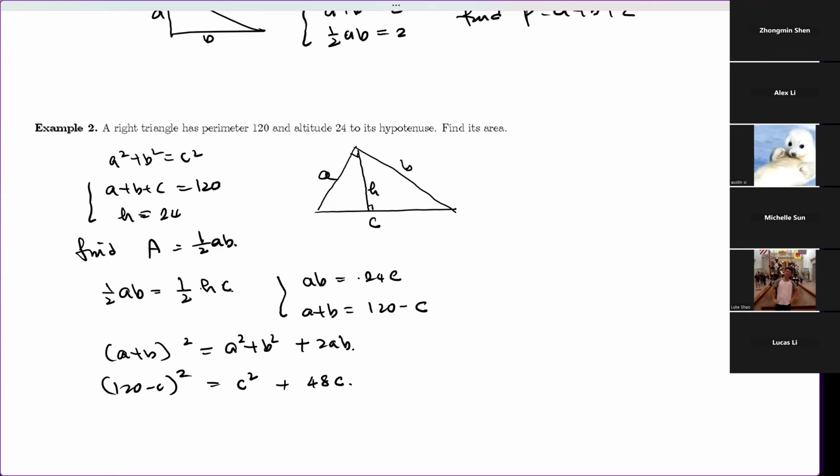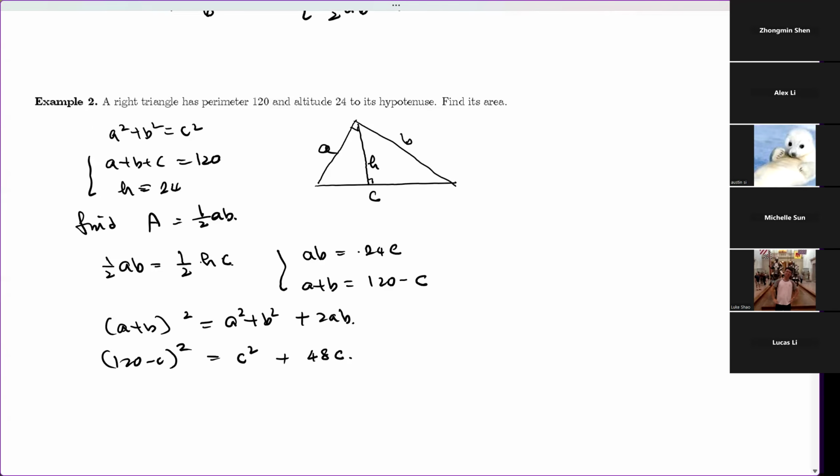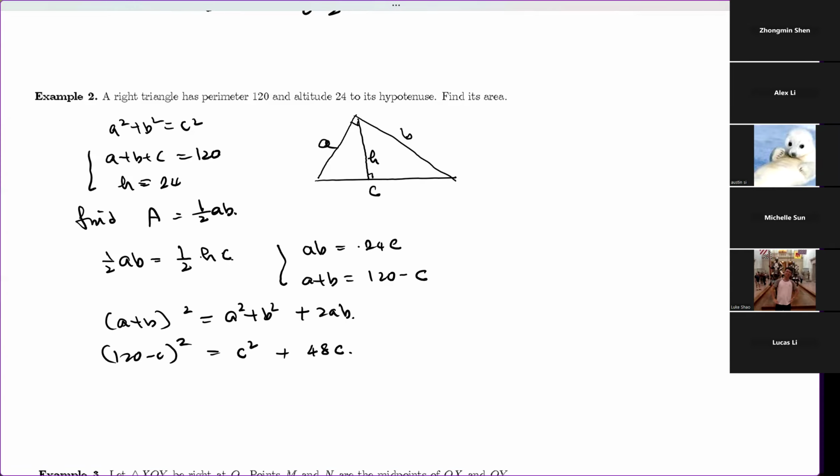So what do you get? You get an equation in C. Once you find C, then you find the area. So 120 squared minus 240C plus C squared equals C squared plus 48C. C squared is gone.